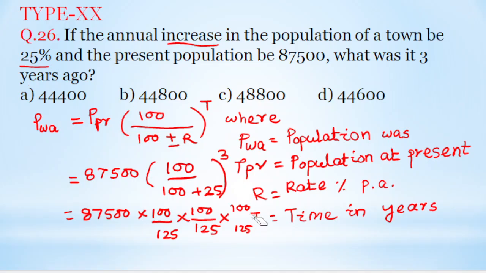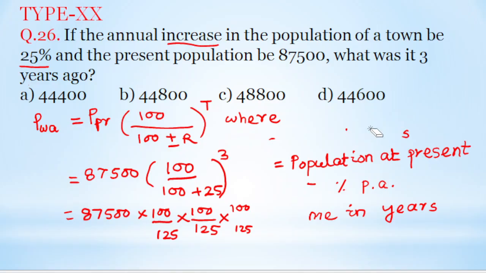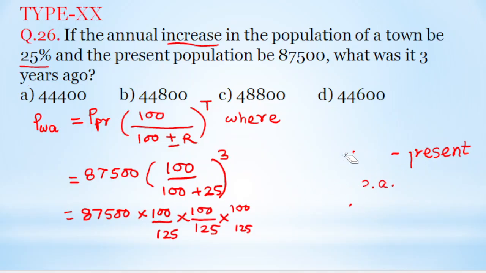Then here I have to erase this part. So here division, that means when this 100 is divided by 25 it becomes 4, and when this 125 is divided by 25 it becomes 5.